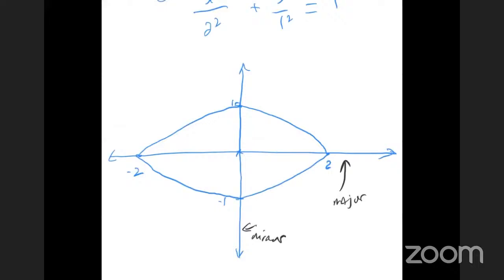What is the major axis here, Zaria? The X or the Y? The horizontal or the vertical? Which one is the major? Oh, I have it written there.